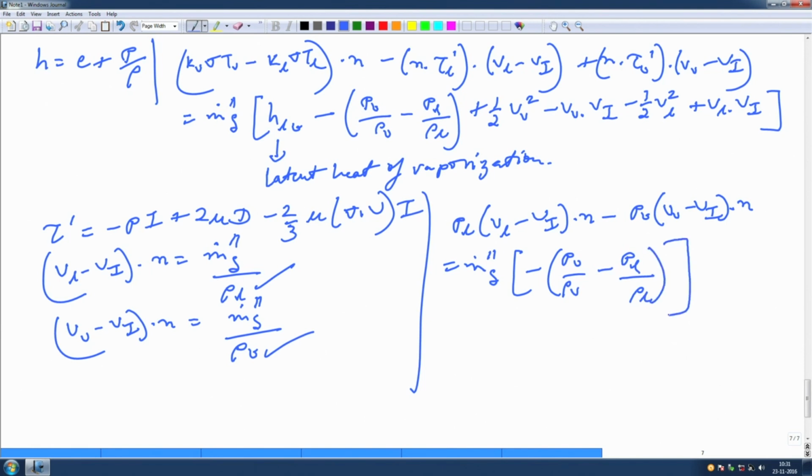Okay. That is the form that you get if you do this kind of substitution, from the relative velocities of the interfaces.